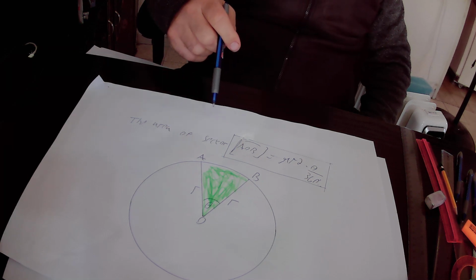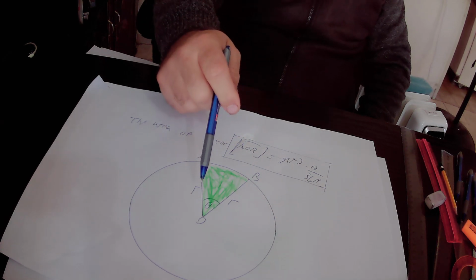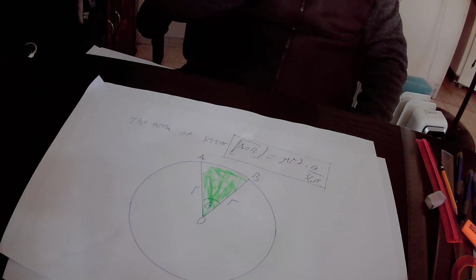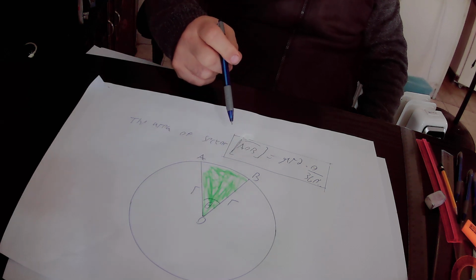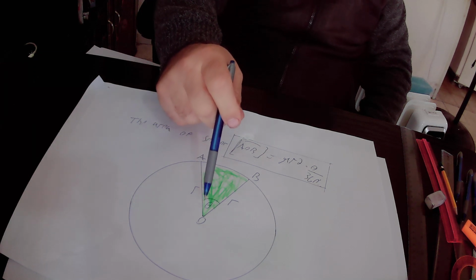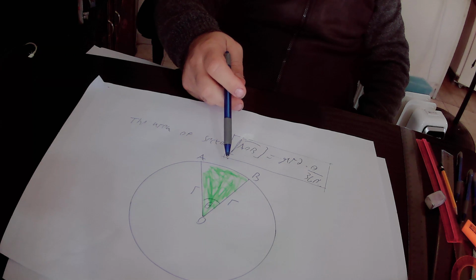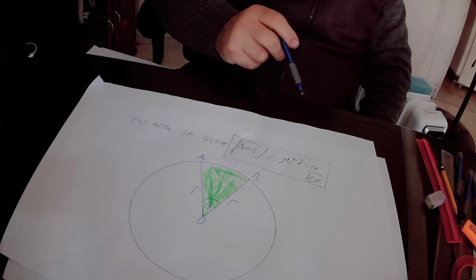If we look at this circle as a cake, then a sector is one slice of this cake. This green sector AOB consists of two legs. The first leg is AO and the second leg is BO. Both of those legs are radii of this circle, equal to R.